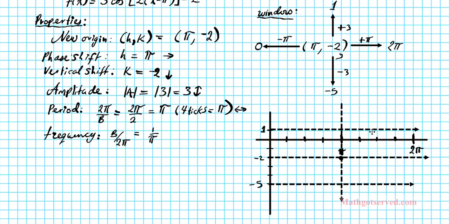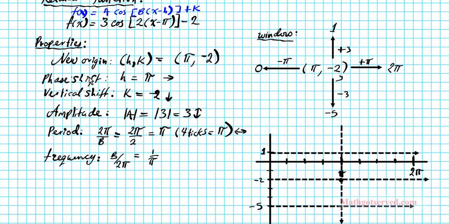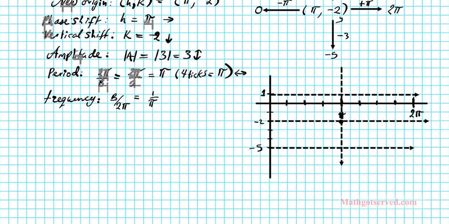We're going to graph the related function, which is a cosine curve. Since it's just helping us to draw the actual function, we're not going to make it solid. We're just going to make it dotted. All right, so let's put the points in there.